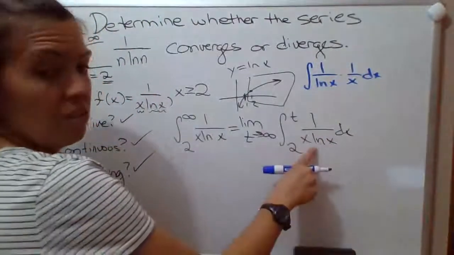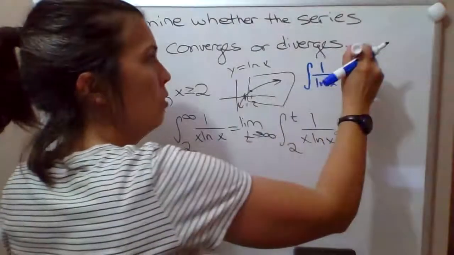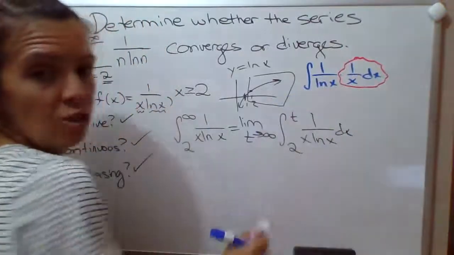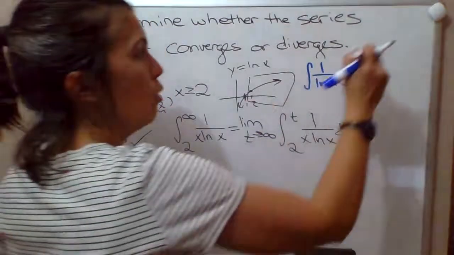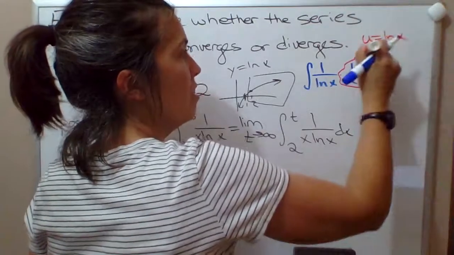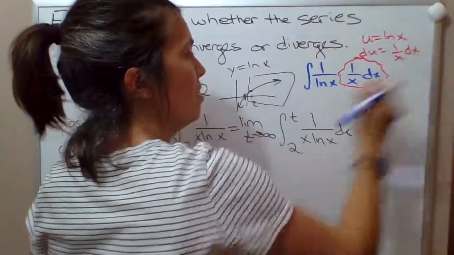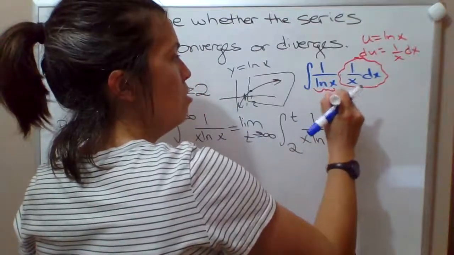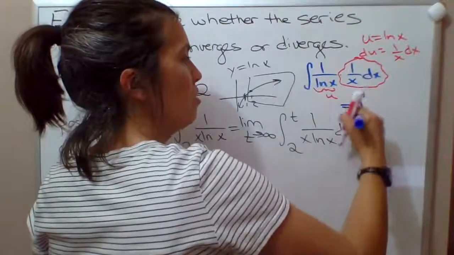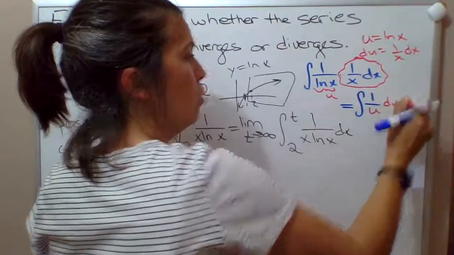Here, you may note that the 1 over x is the derivative of the natural log of x function. So if we let u equal ln of x, then du will be 1 over x dx. So all of this will be du, and this will turn into the integral of 1 over u du.